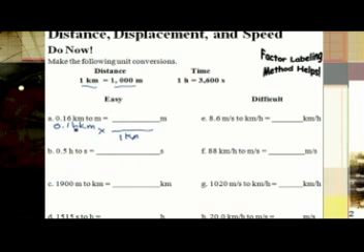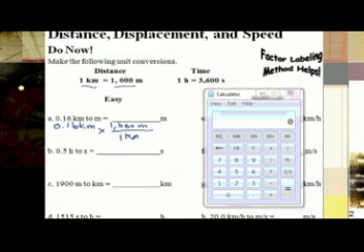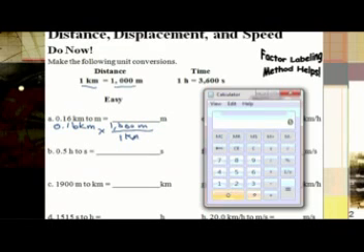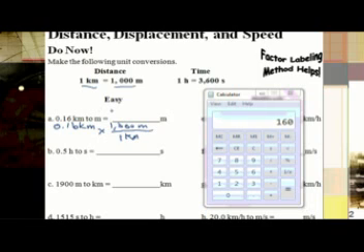So here we have 1/1600th of a kilometer times 1,000 meters divided by 1 kilometer. When we type that into the calculator, 1/1600ths times 1,000, we see that the answer is 160. We record that as 160 meters.